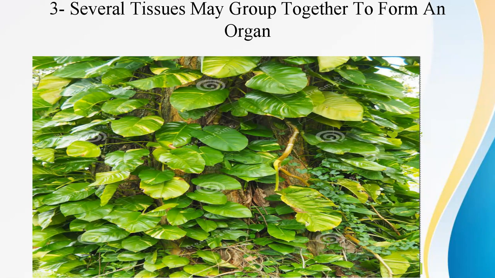Roots are an organ. Then there is a stem and the leaf. These structures are formed by the grouping of several tissues. In case of plants, vascular tissues, conducting tissues, and epidermal tissues form organs like leaves, stems, and roots.